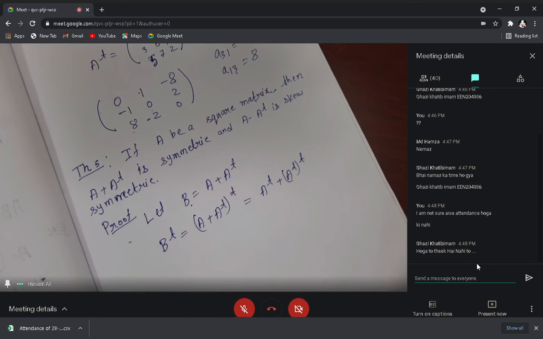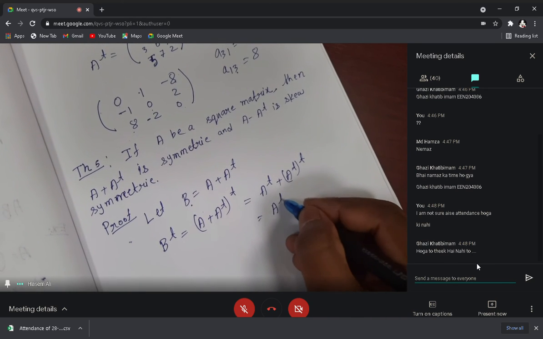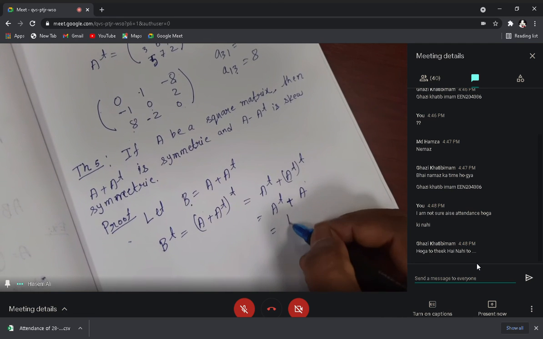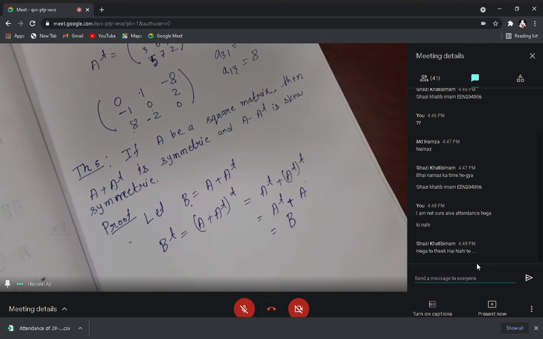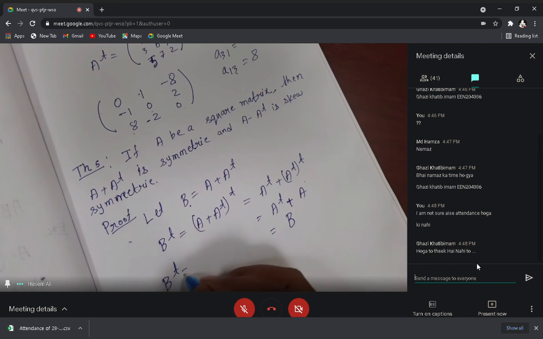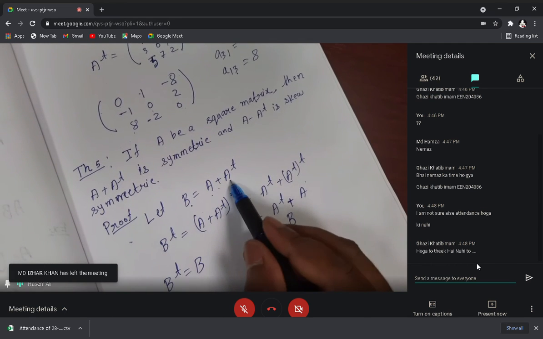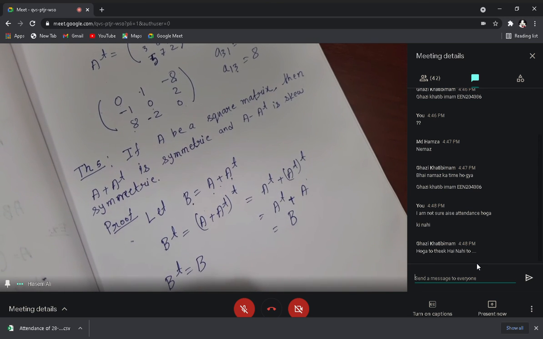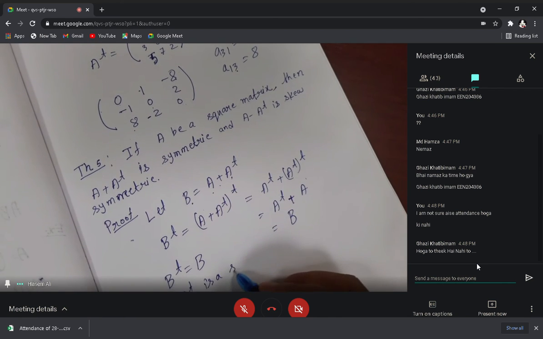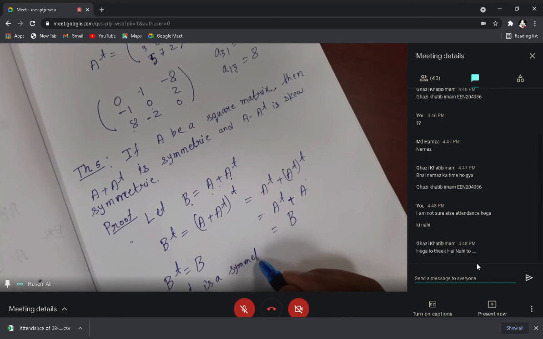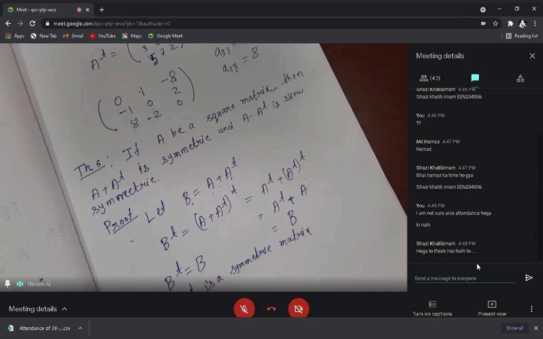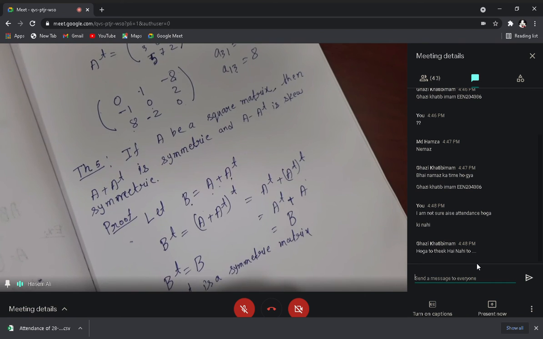Now A transpose transpose is equal to A. So that means B. So B transpose equals B. So A plus A transpose is a symmetric matrix.